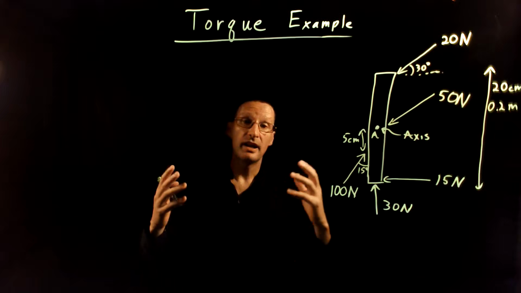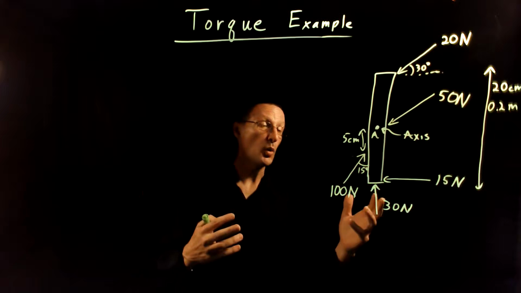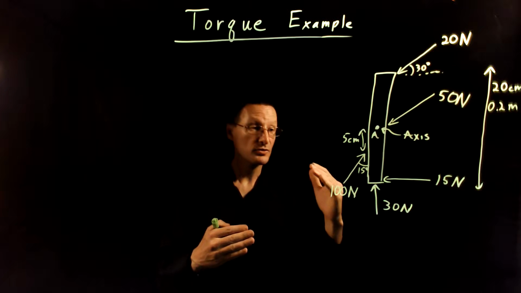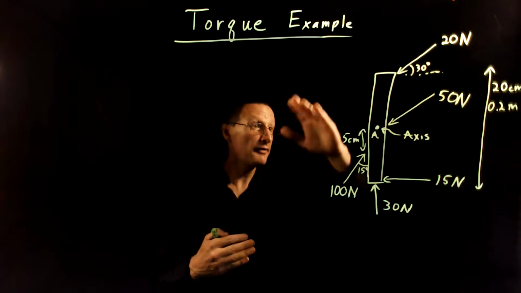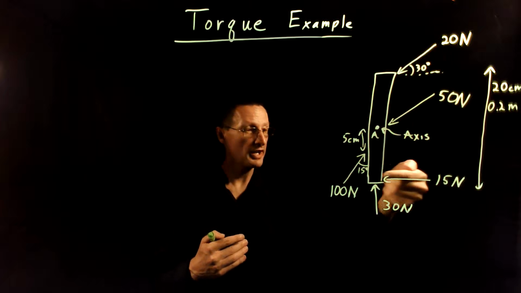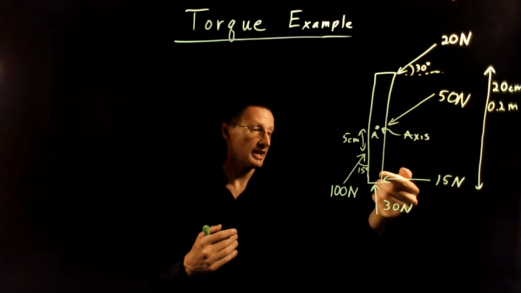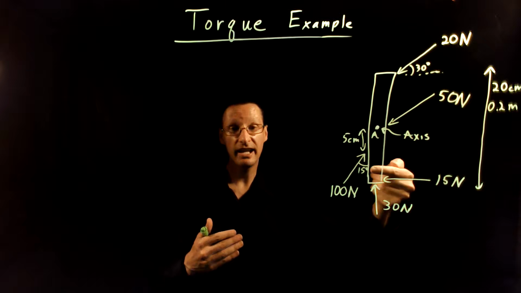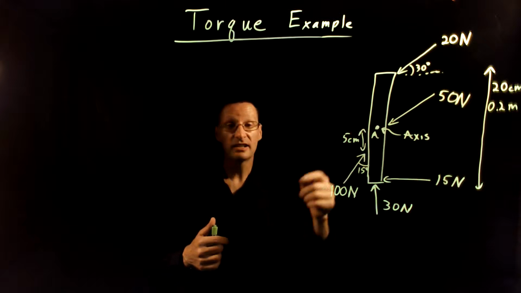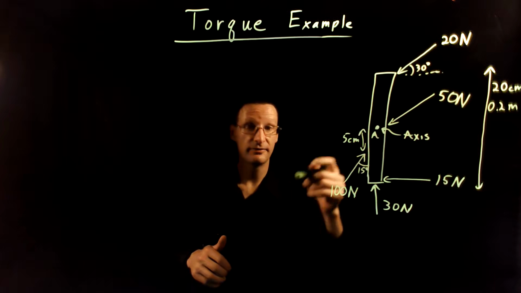The first step in any of these problems is always to draw the free body diagram with the forces drawn where they act. So I've already done that here. That's why it's important to note which way the forces point, of course, as always, but also where they interact with the object. And you want to clearly label your axis of rotation, which I've done here too.